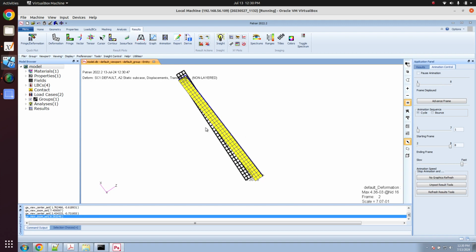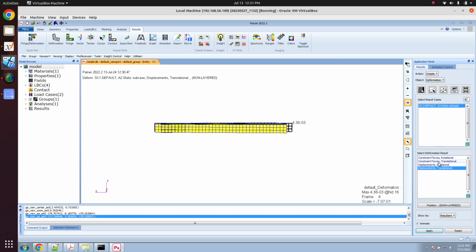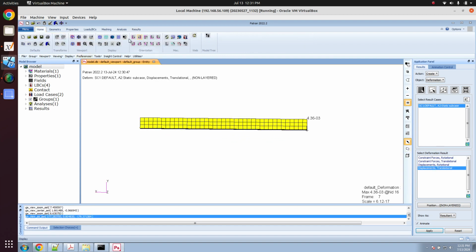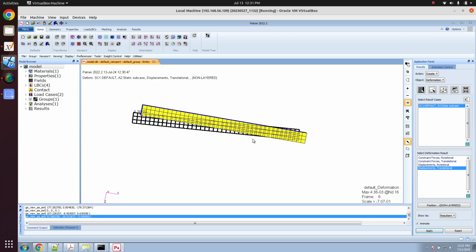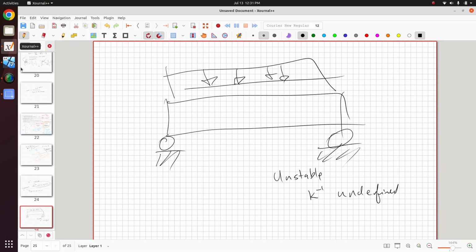This is moving left and right. And then is there actually any deflection? Oh, wow. So even though there's a pressure load here, there's no deformation in the Y direction. It's only translation in the Z and in the X direction. So we know that since we have an unstable structure, the inverse of the stiffness matrix is undefined.